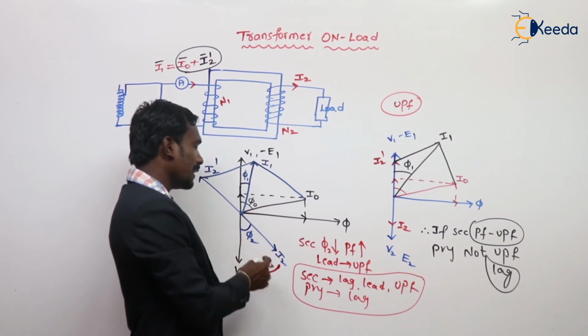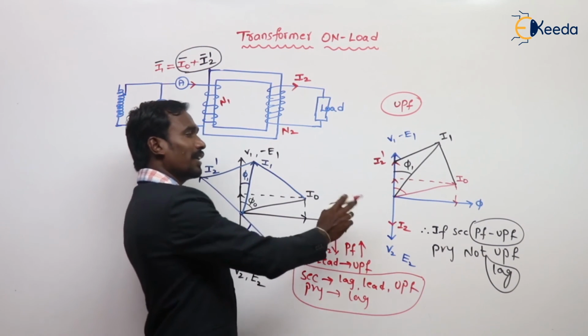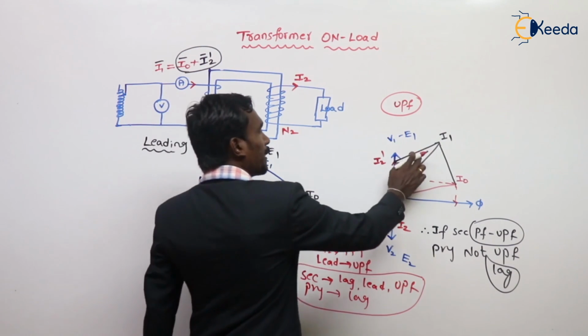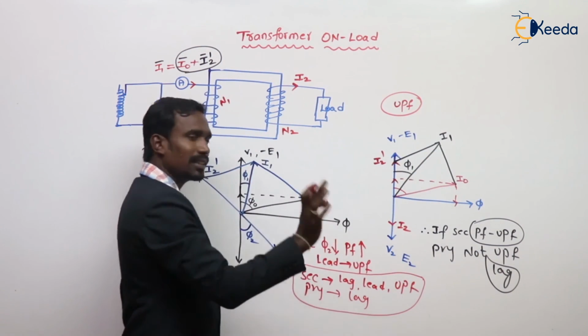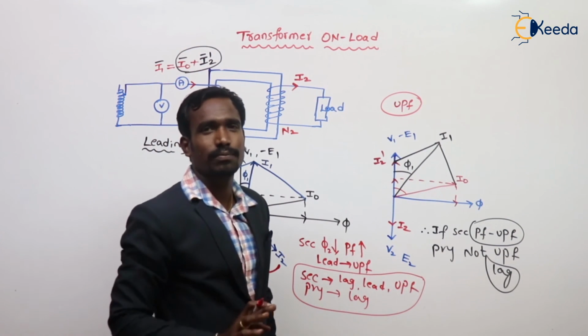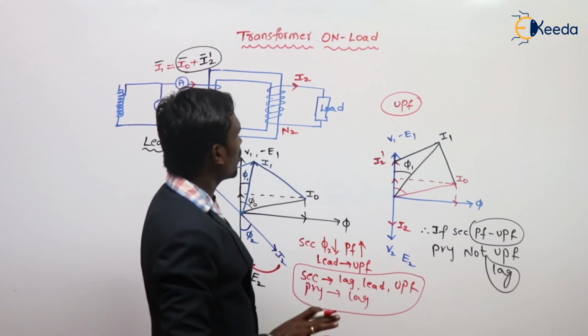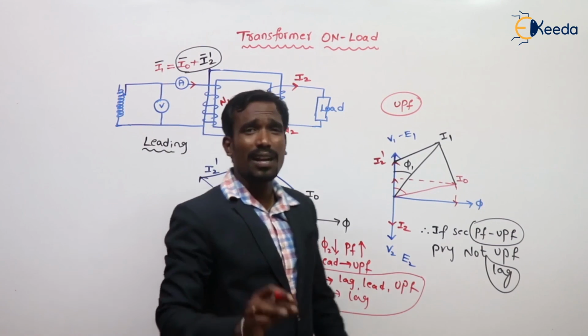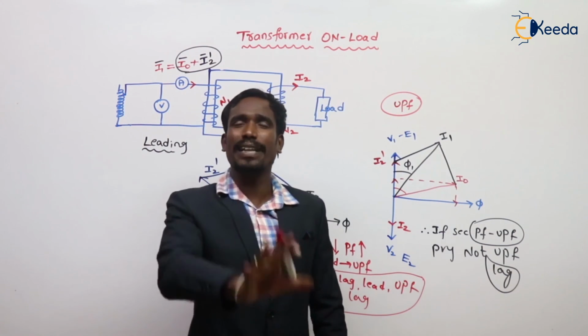Even though in the secondary it is either leading or lagging or unity, in the primary it is always lagging power factor only. This is the vector diagram of the transformer at loaded condition.